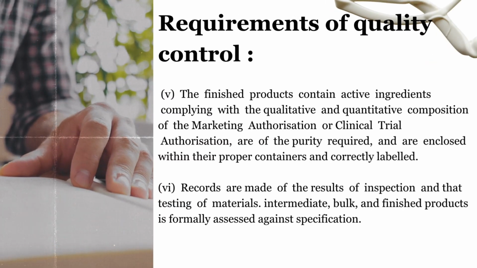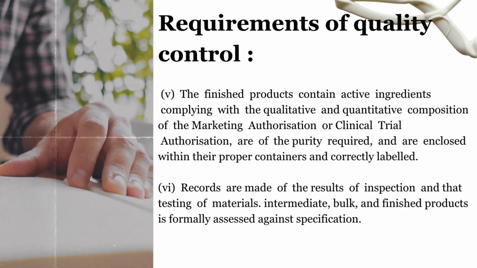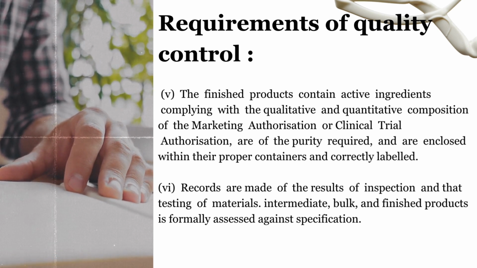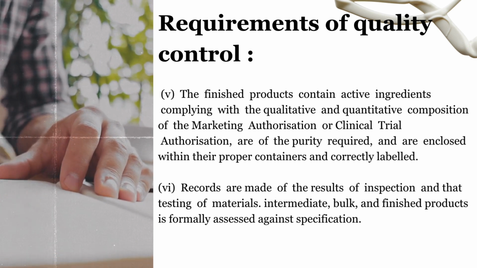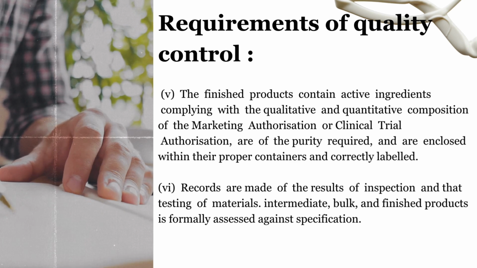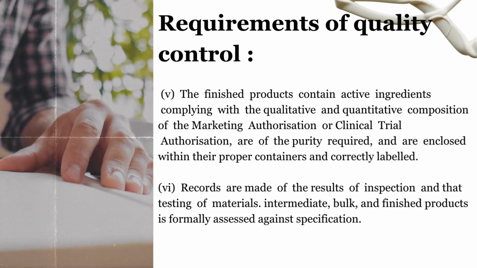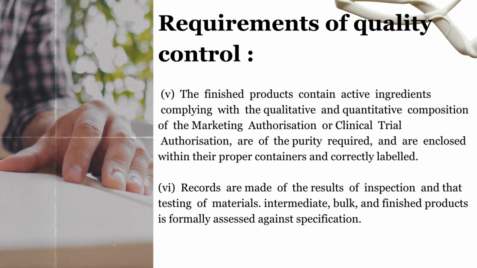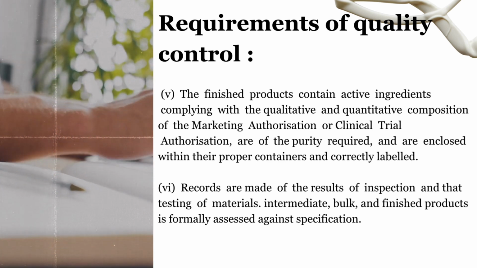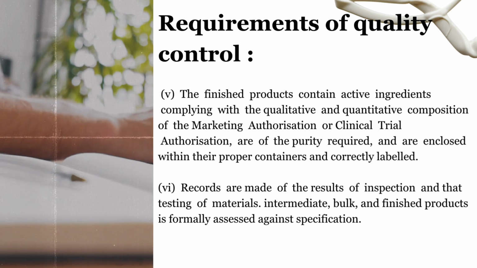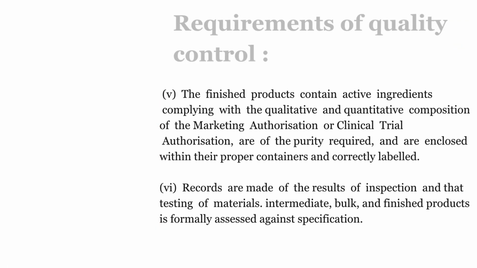5. The finished product contains active ingredients complying with the qualitative and quantitative composition of the marketing authorization. 6. Records are made of the results of inspection and testing of materials, and intermediate, bulk, and finished product is formally assessed against its specification. 7.